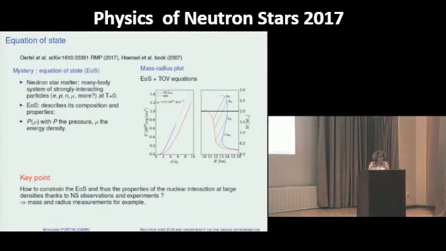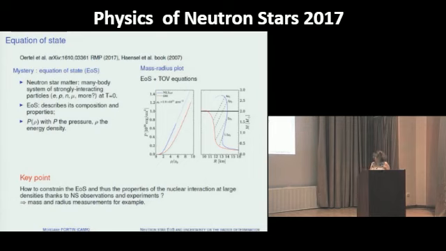But in the next few years, there will be a set of missions which aim at measuring the radii of neutron stars. And this is a topic we focused on at Copernicus Center with my collaborators.